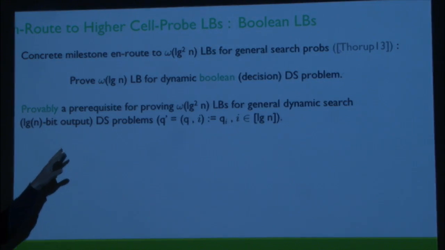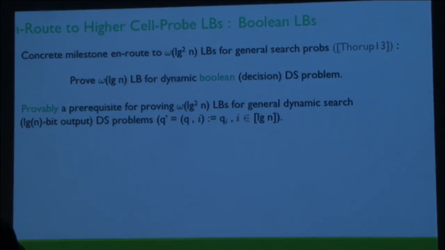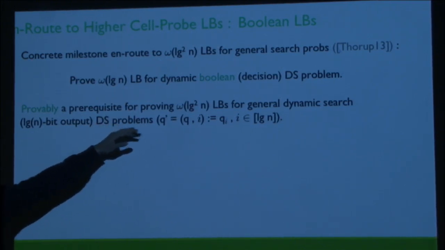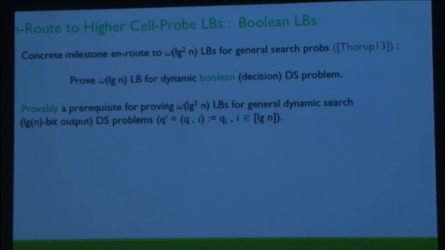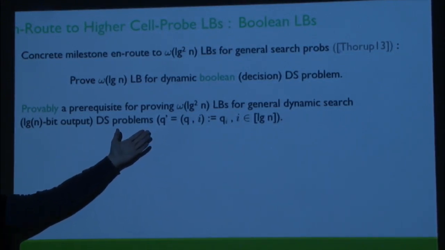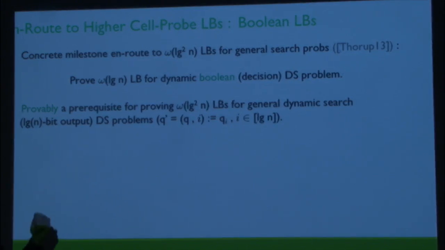And I want to emphasize that this is not just a toy problem. This is provably a prerequisite: if we ever want to go beyond log squared n lower bounds, you must solve this challenge first. And the reason is simple. Suppose we had a super log squared n lower bound for some arbitrary general w-bit output problem, then you can use it to cook up a Boolean problem which has a super logarithmic cell probe lower bound.